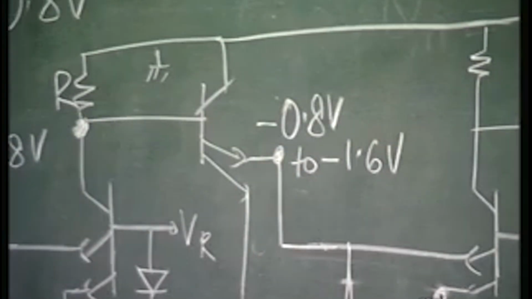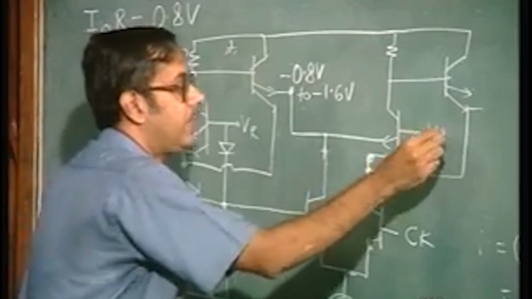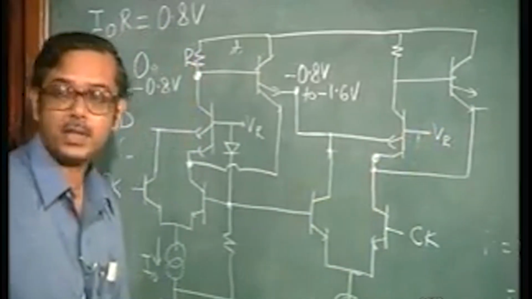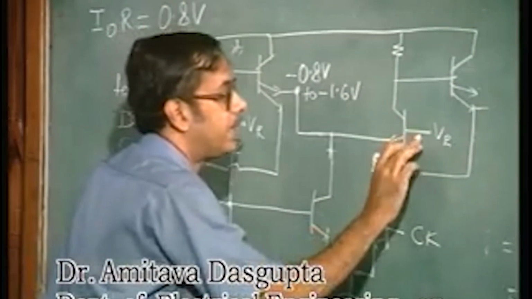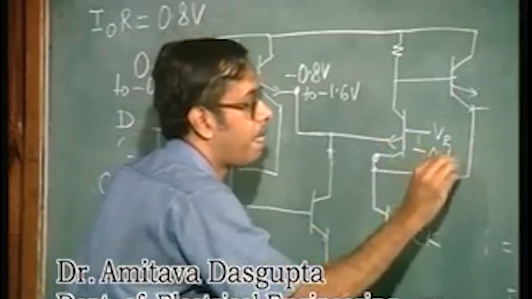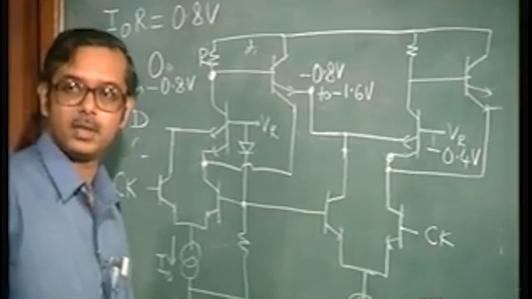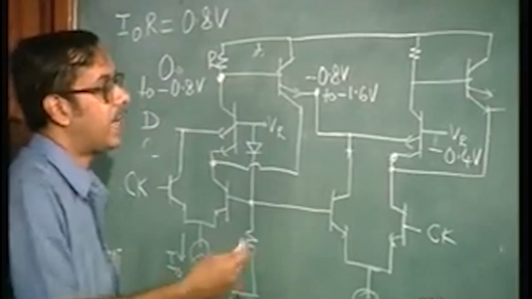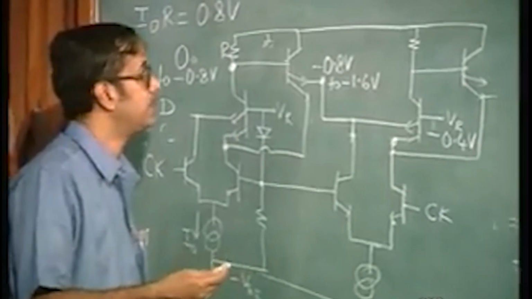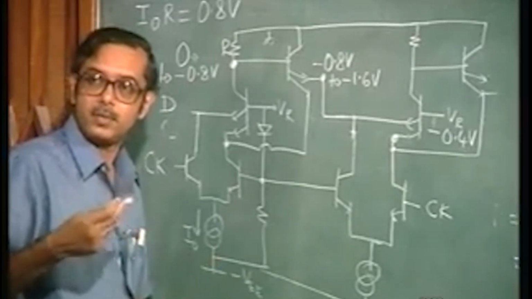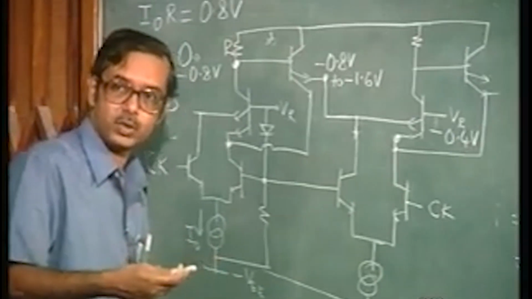Now, the VR of this circuit, let us choose it to be minus 0.4 volts. And so VR minus V on is going to be how much? Again minus 1.2 volts.